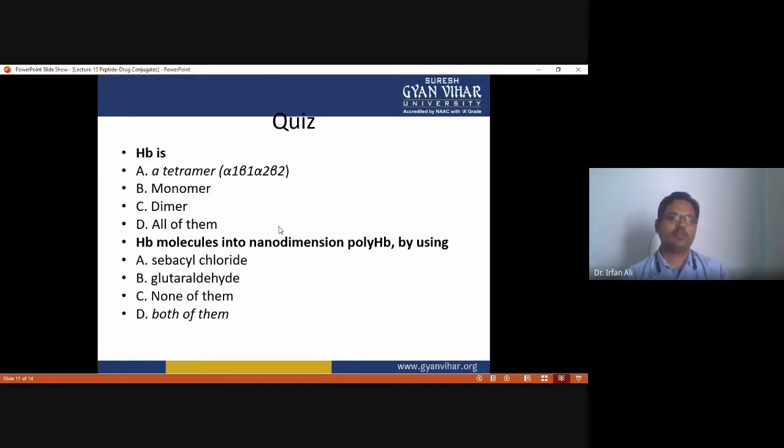Next: hemoglobin molecules are converted into nano-dimension polyhemoglobin by using which reagent? How can we prepare polyhemoglobin? In this lecture we discussed that silver chloride and ultrathin can be used for the preparation of polyhemoglobin, which could be used as artificial blood or blood substitute.